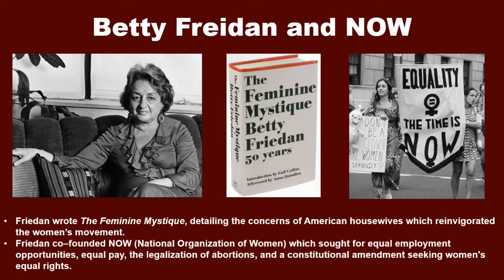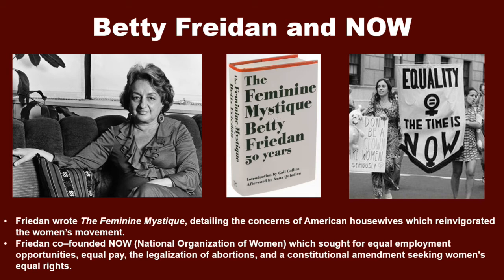All right, next we have Betty Friedan. Betty Friedan was a journalist, and she wrote the book, The Feminine Mystique, which detailed the concerns of American housewives, and it restarted the women's movement. It had kind of gone dormant after the 19th Amendment, but Betty Friedan's going to re-inspire this movement.